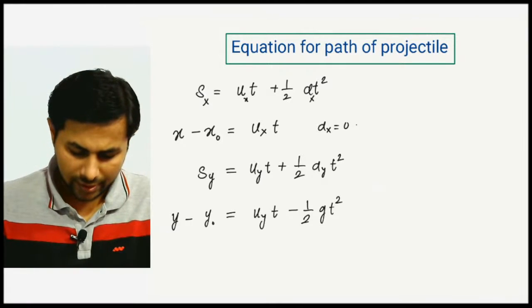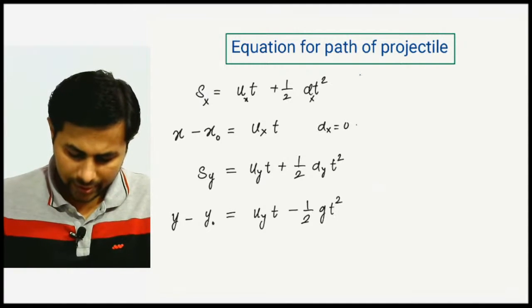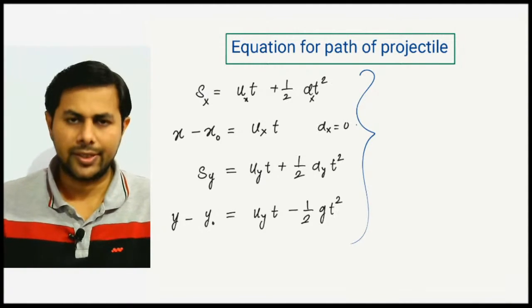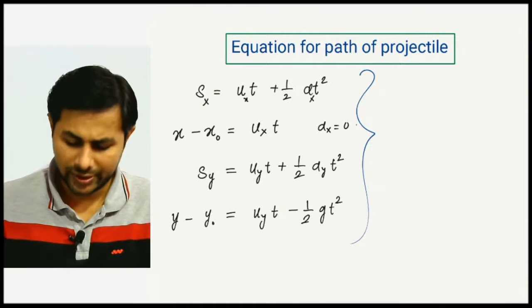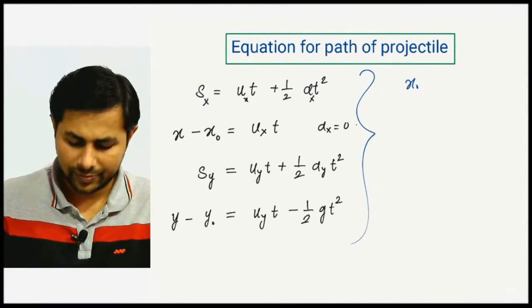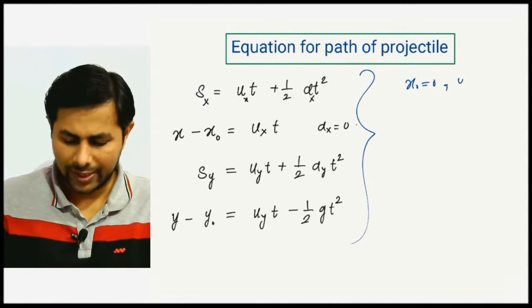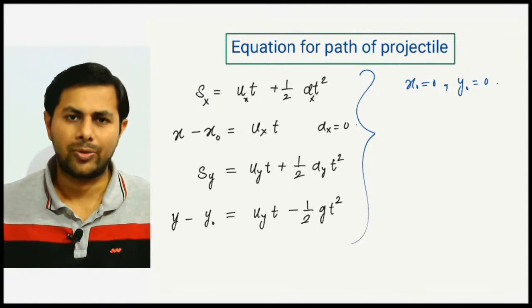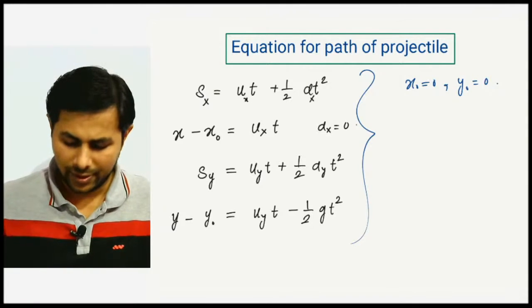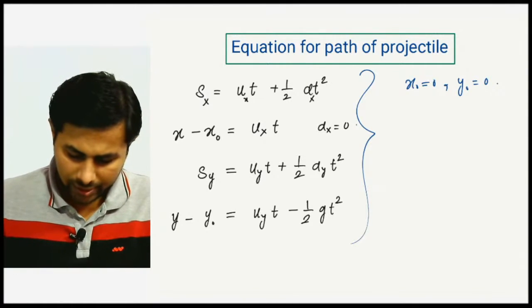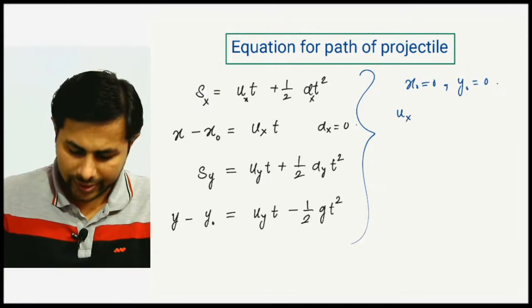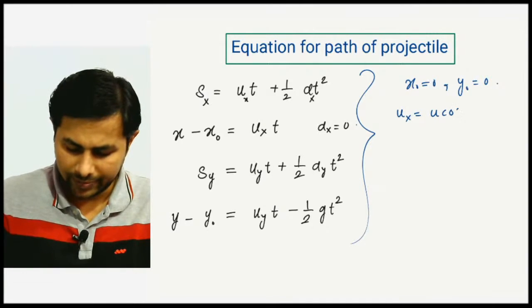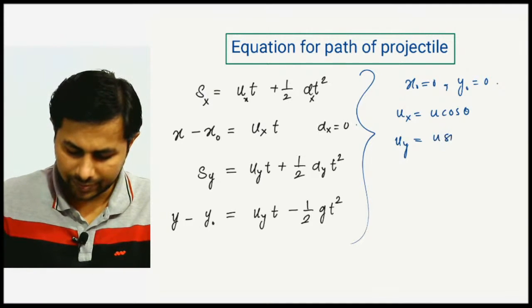Okay. After that, let's substitute the initial position and initial velocity. So we know x naught equals 0, y naught is also 0, since our projectile is starting from the origin. And ux equals u cos theta and uy equals u sin theta.